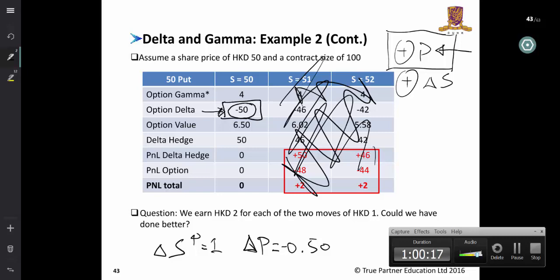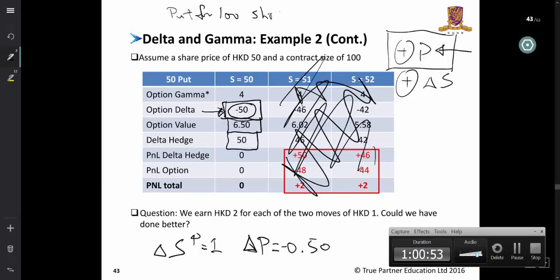Now, the option value right now is $6.50, and the delta hedge is 50 because the option delta at this moment is 50. So that means if you have a put contract for 100 shares, then you are long a put.